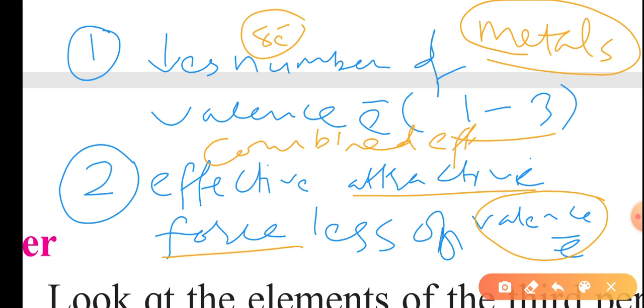That's why the distance between the nucleus and the last electron increases. Because the distance is increased, less nuclear force of attraction is exerted on the last electron.